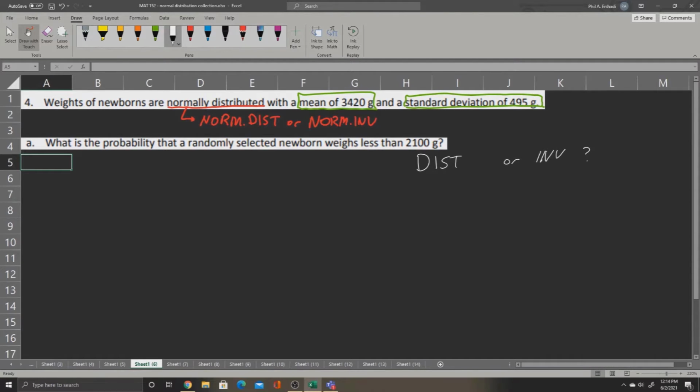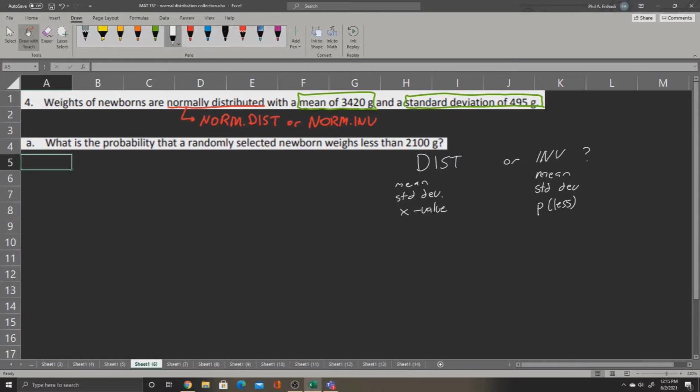Now we can use Norm.dist if we have a mean, a standard deviation, and an x value. We can use inverse if we have a mean, a standard deviation, and a probability of being less.